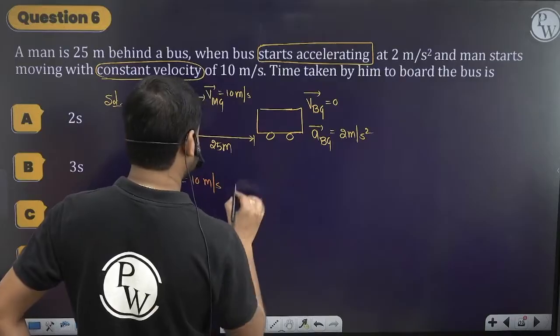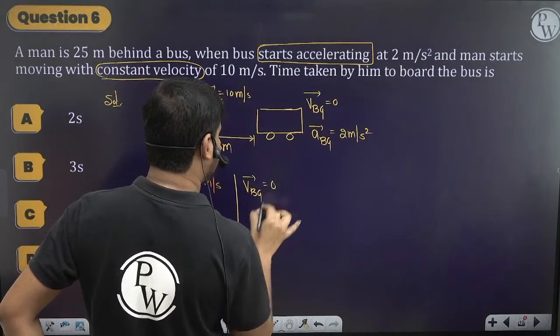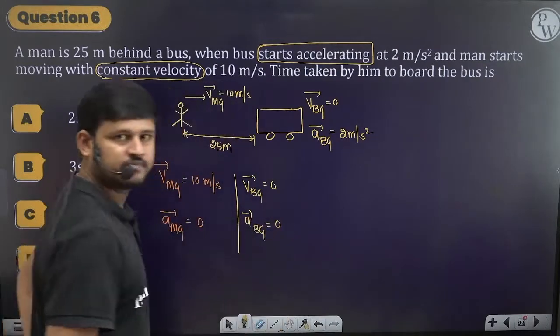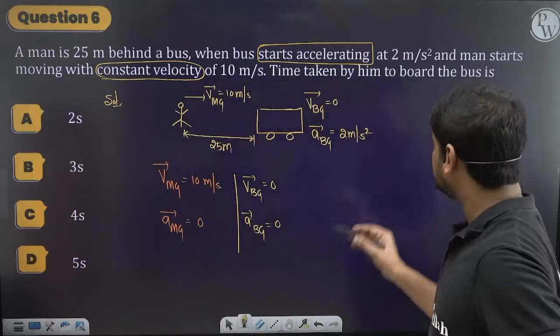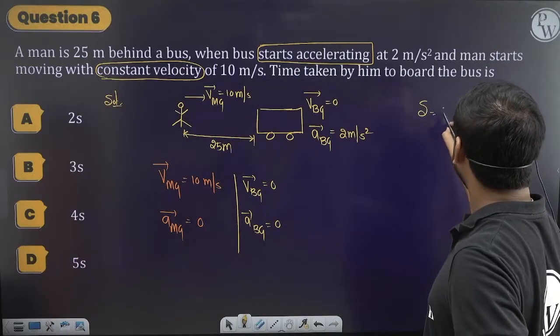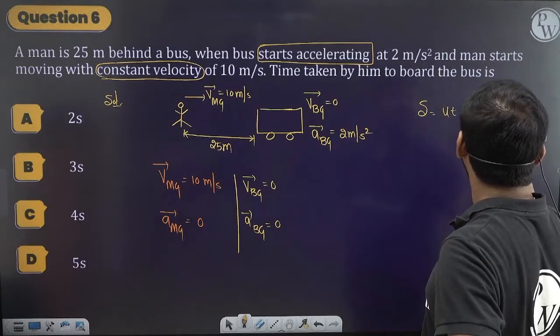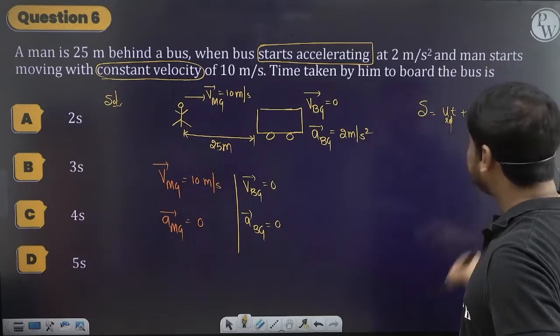Next let's write the velocity of the bus with respect to ground, which is 0. And the acceleration of the bus with respect to ground is 2 meter per second square. Yes or no? Clear this part? So now what we need is the total time taken. For this I am using S is equal to ut plus half at square, where u is the relative velocity and a is the relative acceleration.